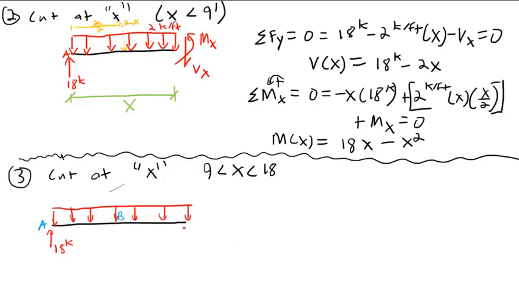And then, let's see here. I'm going to have a V of x and an M of x. And then at B, I will have a 36 kip foot point moment, but I will not have the reaction yet.